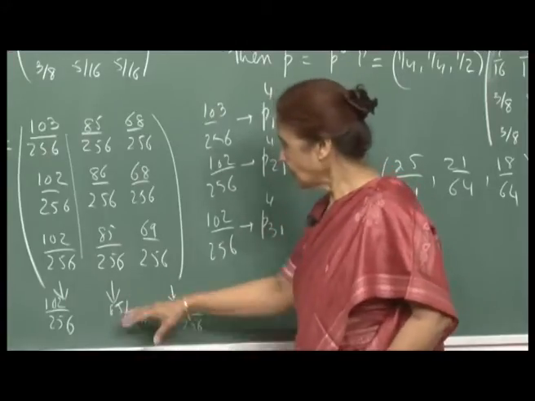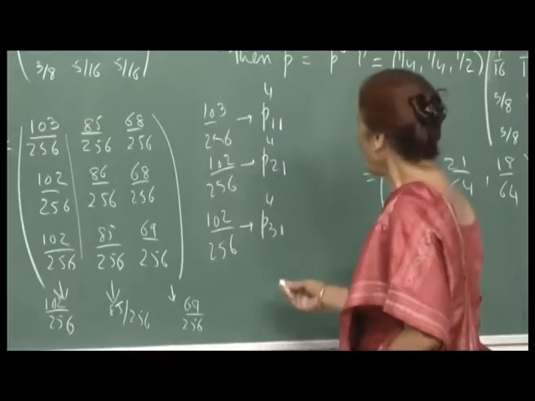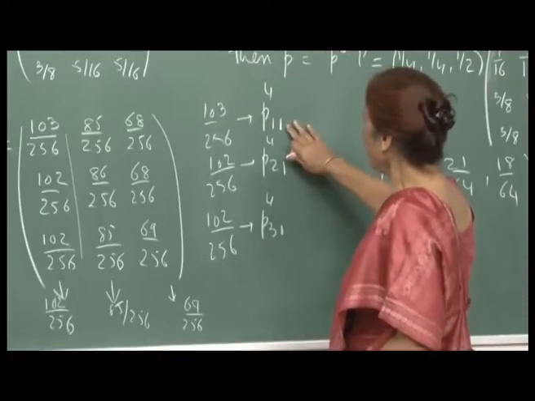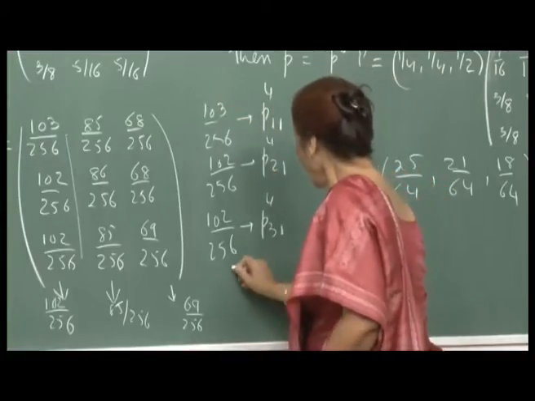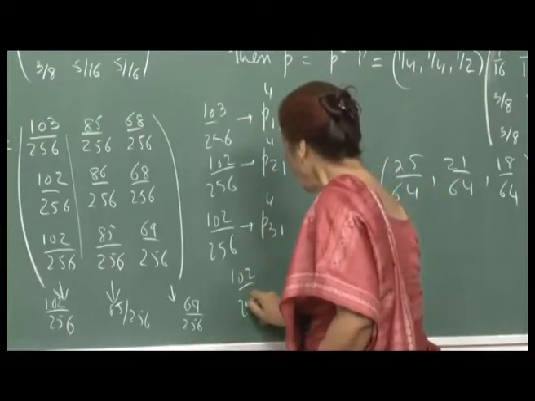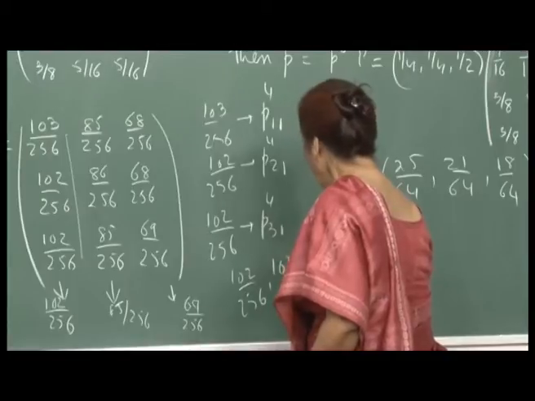Of course, essentially right now the probability of being in state 1 after 4 transitions is hovering around 102 upon 256, which is a more exact statement.